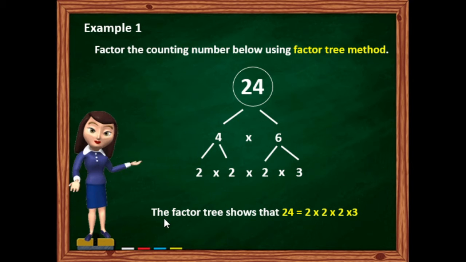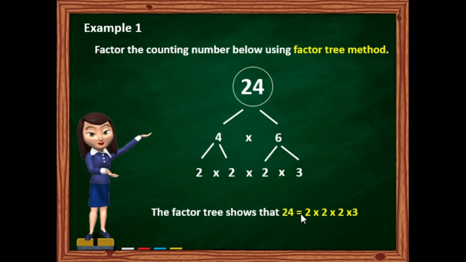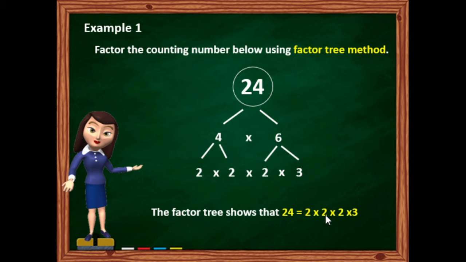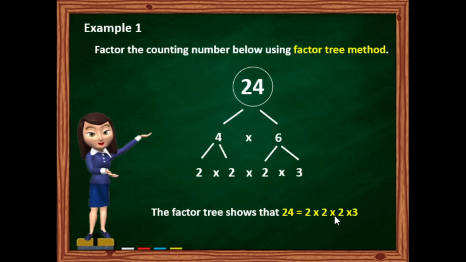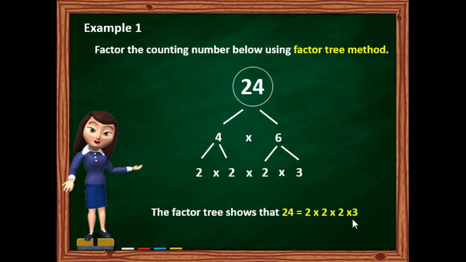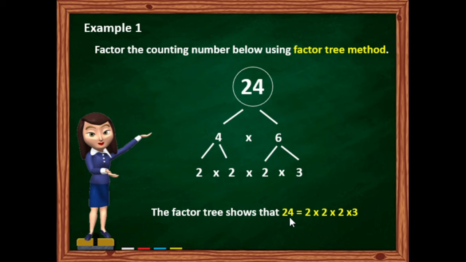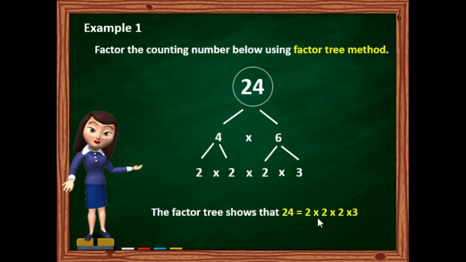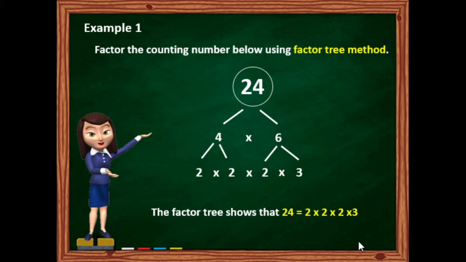Again, the factor tree shows that 24 is equal to 2 times 2 times 2 times 3. Say it again, please. Alright, very good. Let's have another example.